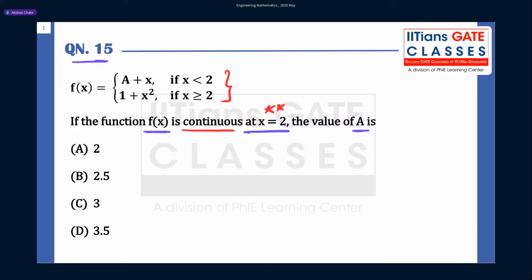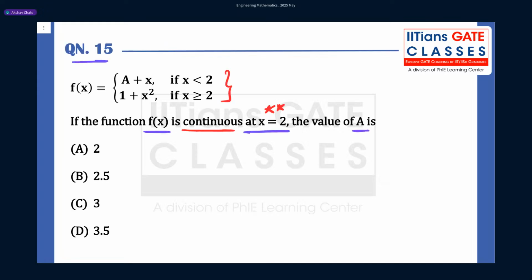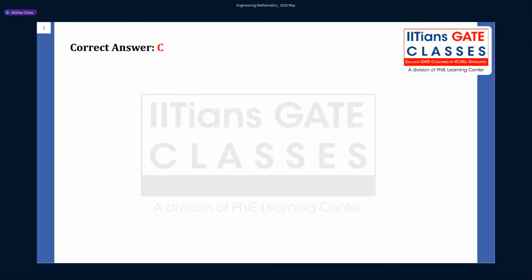When x is less than 2, it is a linear function of x, but when x is greater than or equal to 2, it is a quadratic function of x. We need to find a such that it becomes a continuous function. That's the main trick. The correct answer for this question is C, and we'll see how you get that.